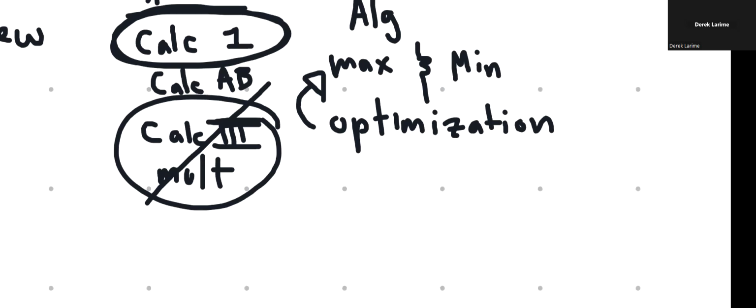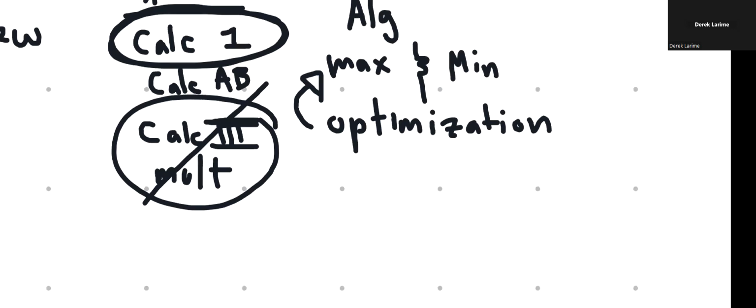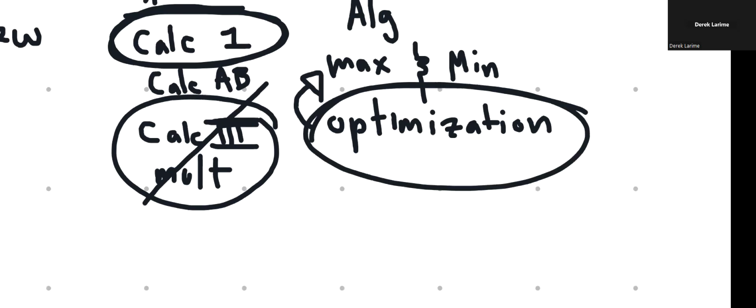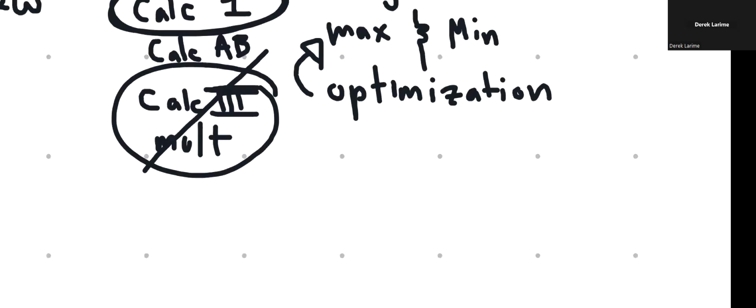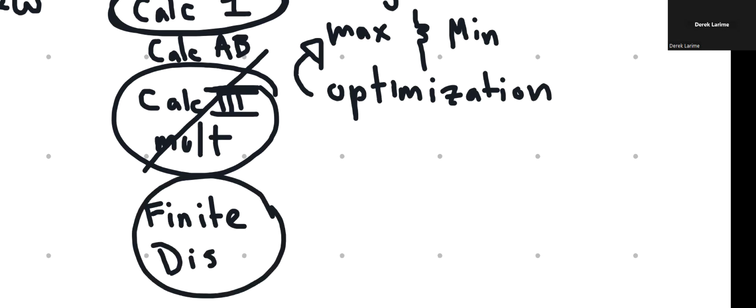Now, that word optimization obviously has to do with max and min, but that makes it a lot harder. We don't have to have finite or discrete, we also don't have to do that. I'm just talking about some ideas here. But why would I mention that?